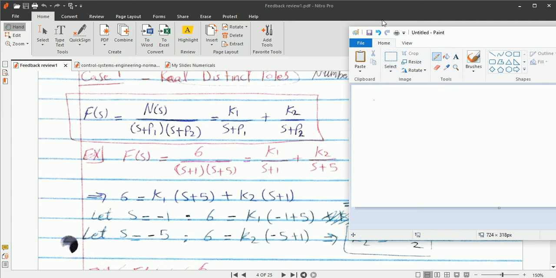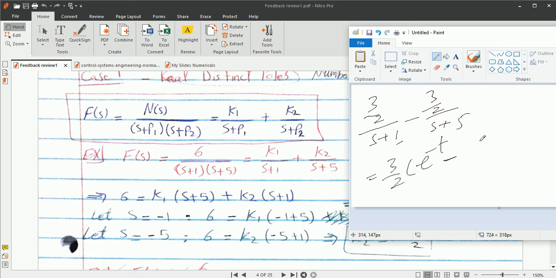Here it will be 3 by 2 over s plus 1 minus 3 by 2 over s plus 5. So its inverse Laplace will be 3 by 2 into e raised to minus t, because s plus 1 gives e to the minus t.